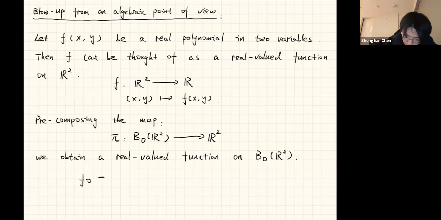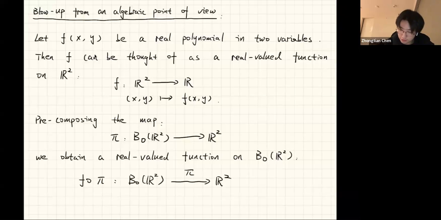So after pre-composing, we will get a map. You start from the blow up space, you do projection, you go to the affine space, then you can apply f. This is how we get a real value function on the blow up, given a polynomial.